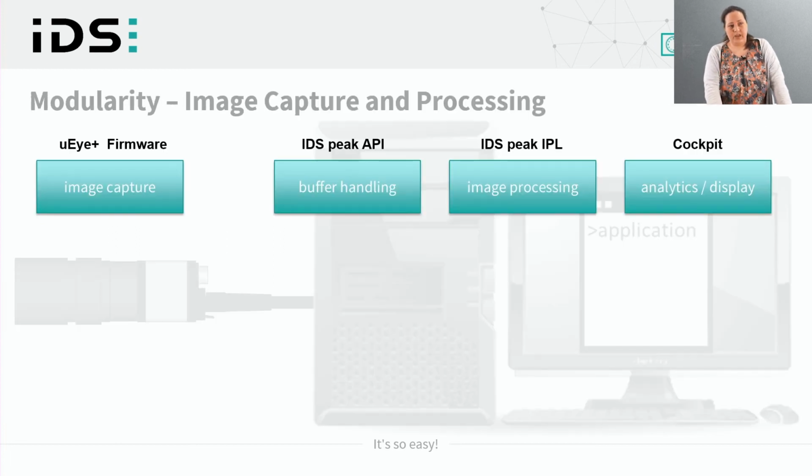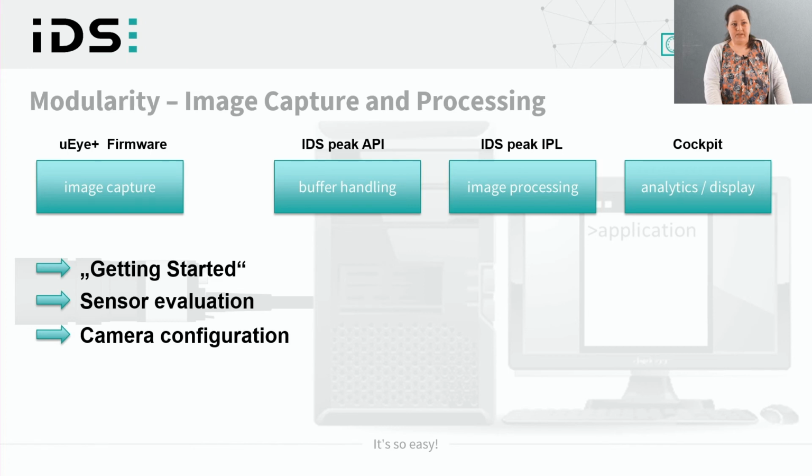A typical use case would be, for example, the image capturing with one of our devices with UI plus firmware, buffer handling done by IDS Peak API, so receiving the camera images and buffering them for the further image processing, and the analytics or display or whatever you need to evaluate is done with a cockpit.